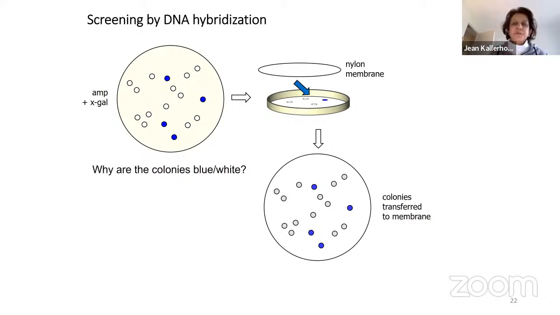So the probe will identify the sequence provided it has the complementary sequence. Then it will match because it is a hybridization process. You know that double-stranded DNA is denatured, their strands separate, and then they will look for the complementary sequences.